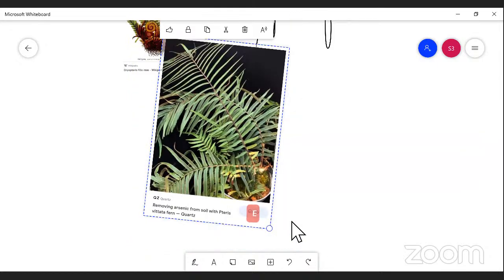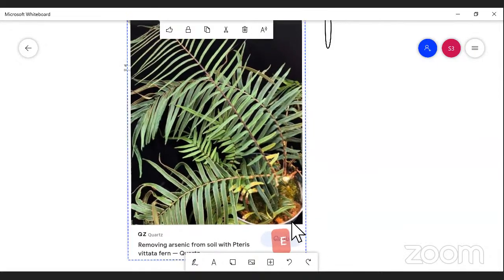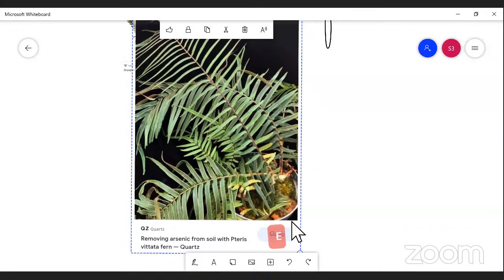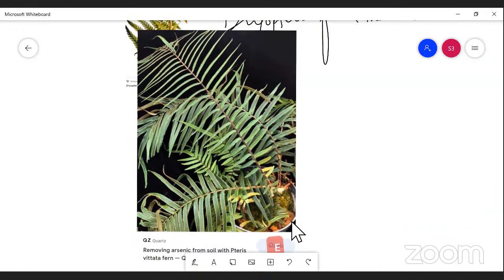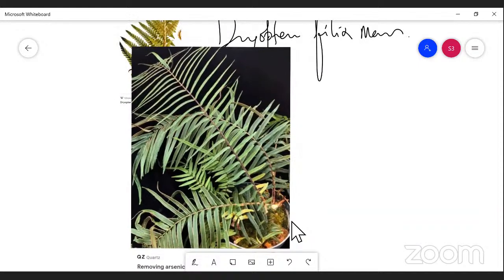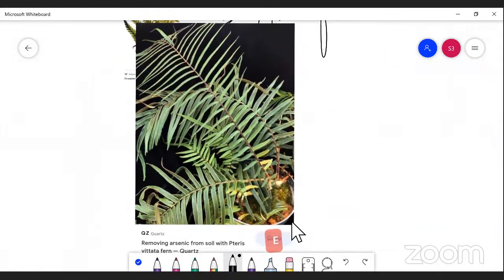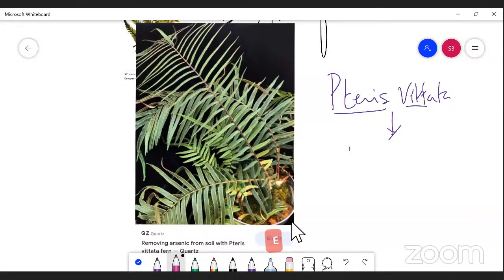Actually, these plants are used for removal of heavy metals in the soil, particularly for bioremediation.